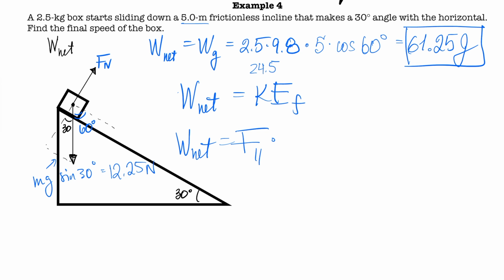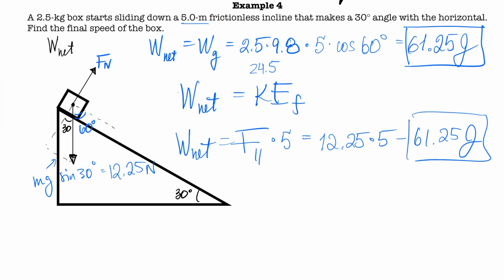And then I would multiply that by 5, no cosines needed, and then 12.25 times 5 turns out to be 61.25 joules. Boom. So I just solved it twice using parallel component of the force and using the actual force times the displacement, cosine of the angle between the force and the displacement. Gets us 61.25 joules every time.